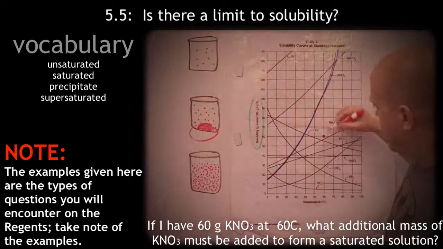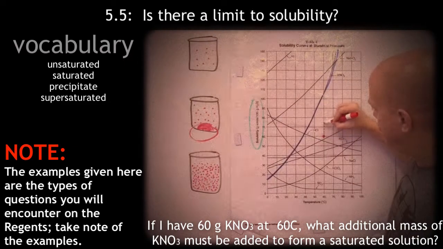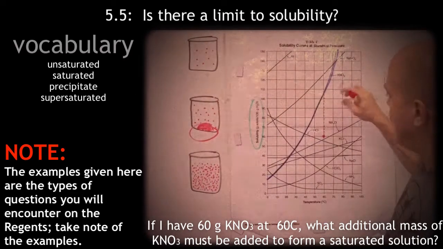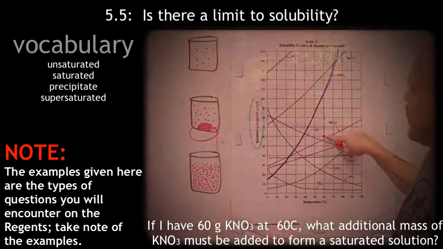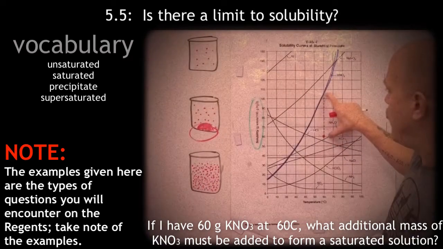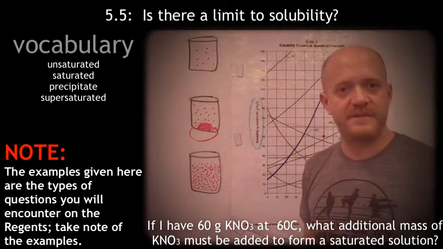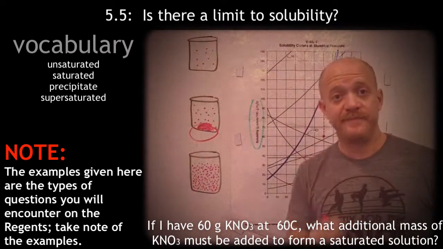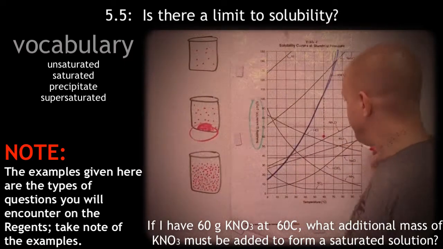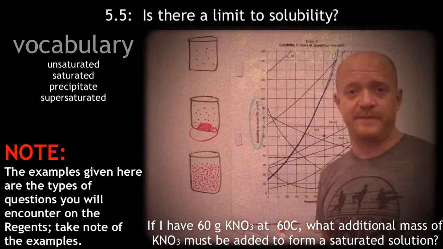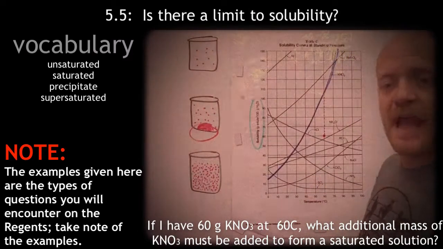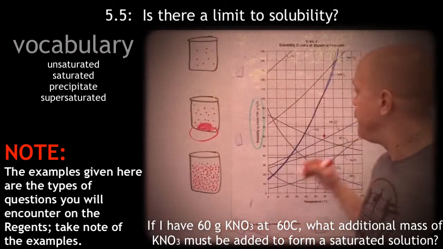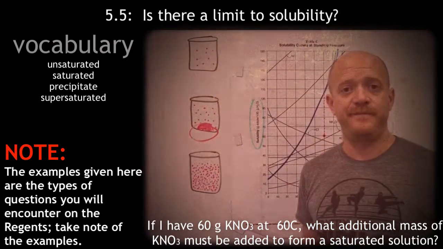So what I do is connect this starting point and go up to where it meets the line, and figure out this difference. So I started at 60, and I ended up at 105 grams. What is the difference between 60 and 105 grams? It's 55 grams. So if I have 60 grams of potassium nitrate at 60 degrees Celsius, I can still dissolve 55 more grams of potassium nitrate before it forms a saturated solution.